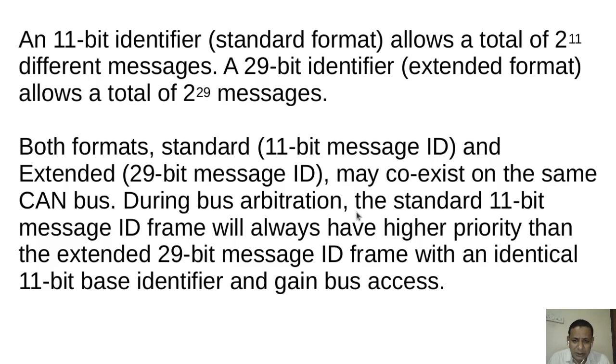During bus arbitration, the standard 11-bit message ID frame will always have higher priority than the extended 29-bit message ID frame with an identical 11-bit base identifier, and gains the bus. So for accessing the bus, the 11-bit message ID frame will have the priority.